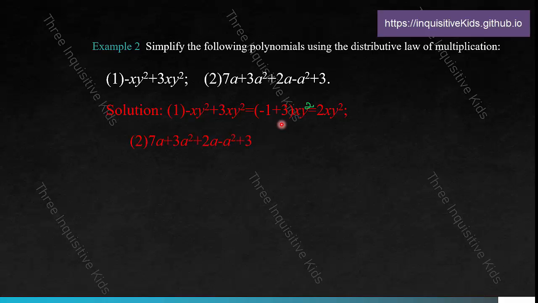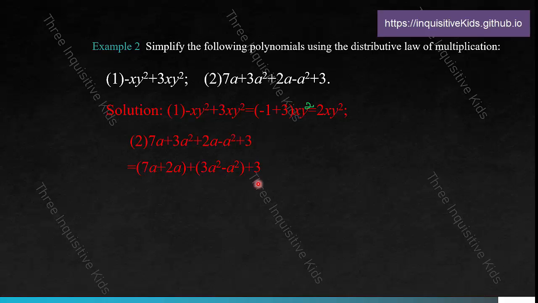And then the second one, 7a plus 3a squared plus 2a minus a squared plus 3. We first need to figure out which ones are alike. Well, we see that there's 7a and 2a, and 3a squared and minus a squared, plus 3. For beginners, it's very important that you do this step first, or else it's very easy to get confused or be fooled by all of these terms going around here.